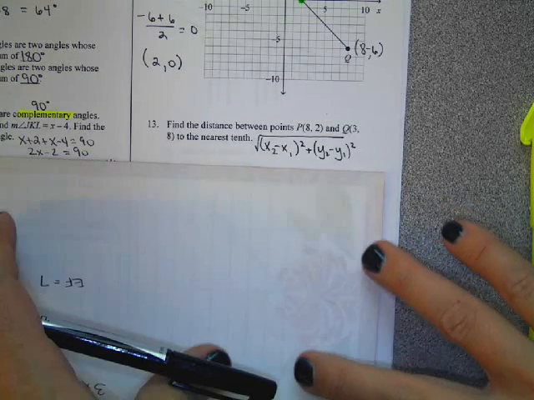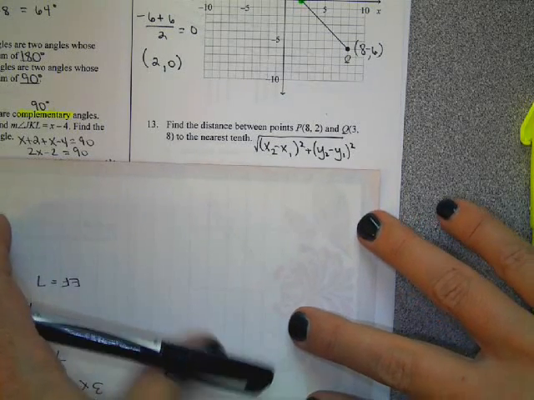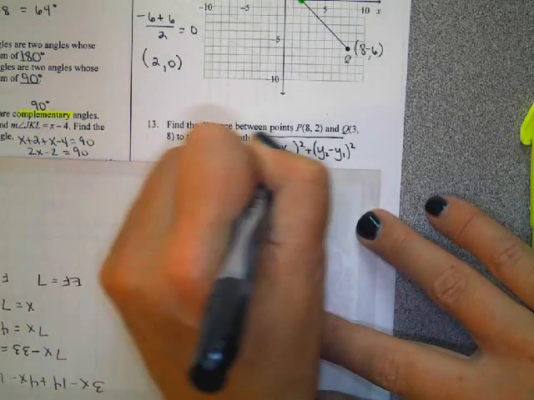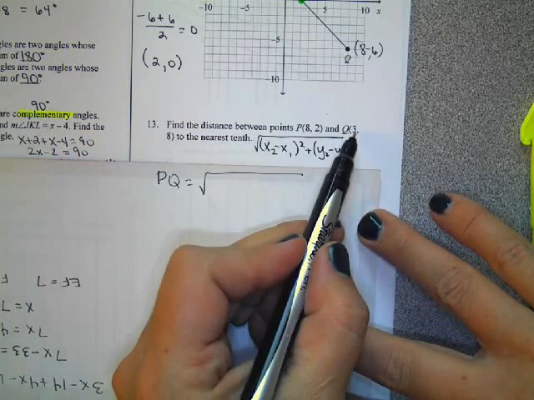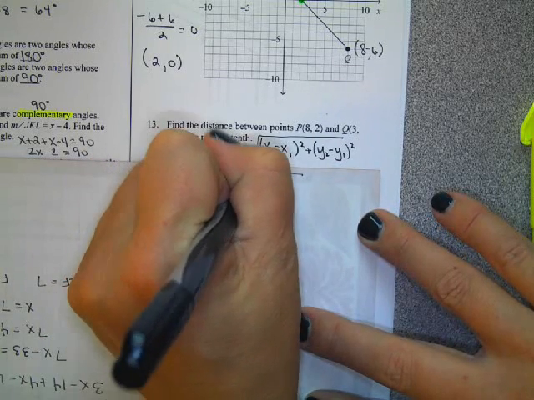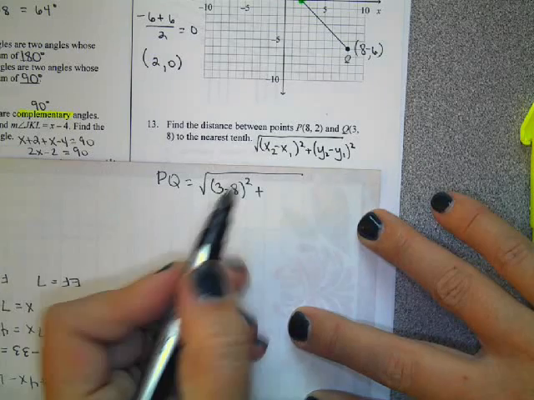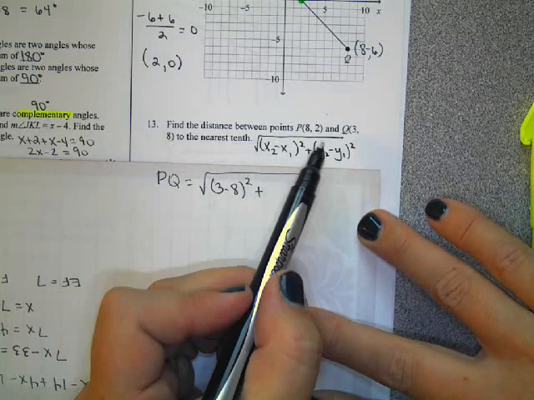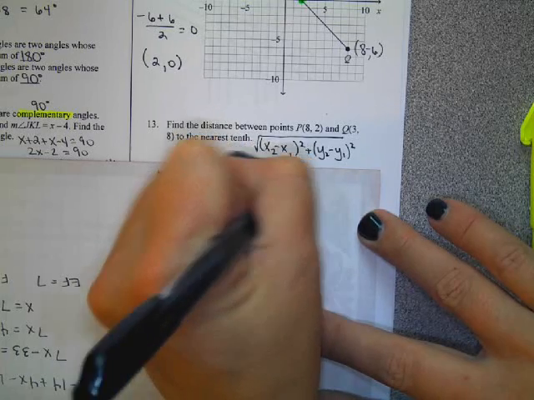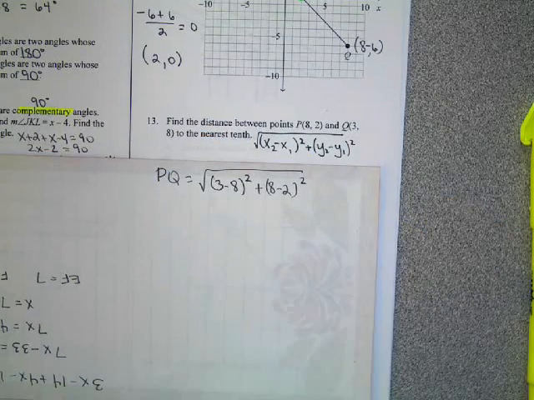So make sure you know your x's and your y's. So the length of PQ will equal 3 minus 8 squared plus 8 minus 2 squared. And recall that whenever you square a negative, you get a positive.